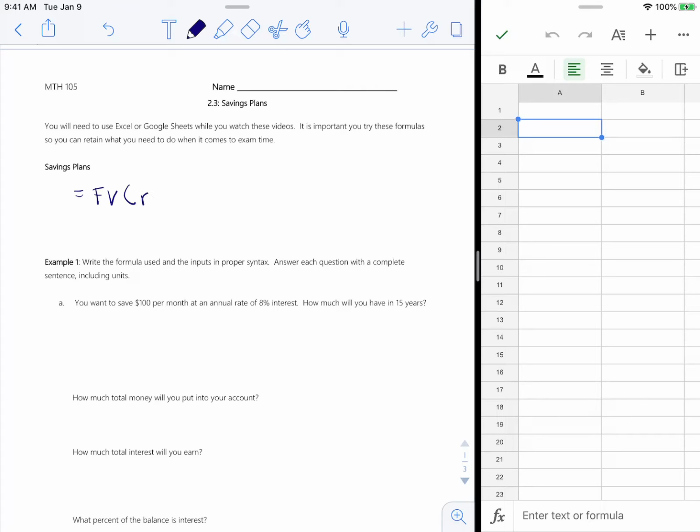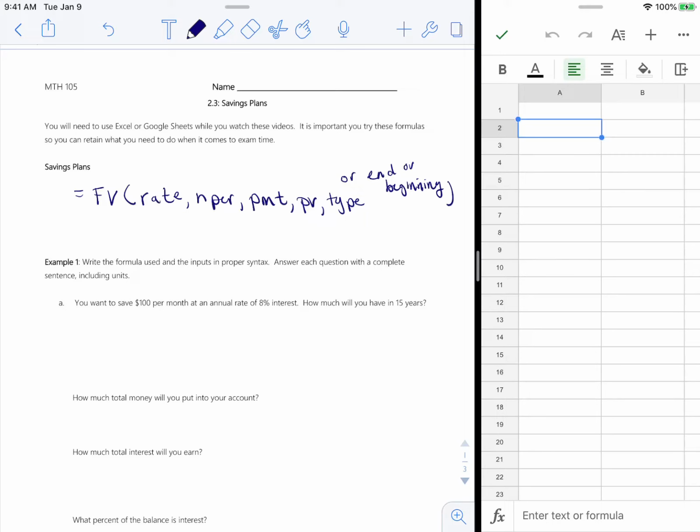And this is, remember, it prompts us with rate, NPR, payment, PV, and then, depending on if you're using Excel, it says type, or if you're using Google Sheets, it says end or beginning.